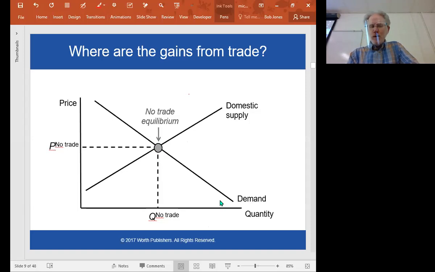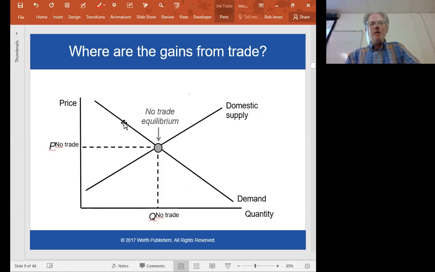First question was, where is the consumer surplus? So where is it going to be? Yes, it's on the other side of the demand line, but above the equilibrium point. Okay, that's basically right. But the way I would say it that is most concise is anytime we're talking about consumer surplus, it's the area below the demand curve and above the price line out to the quantity that is going to be purchased.